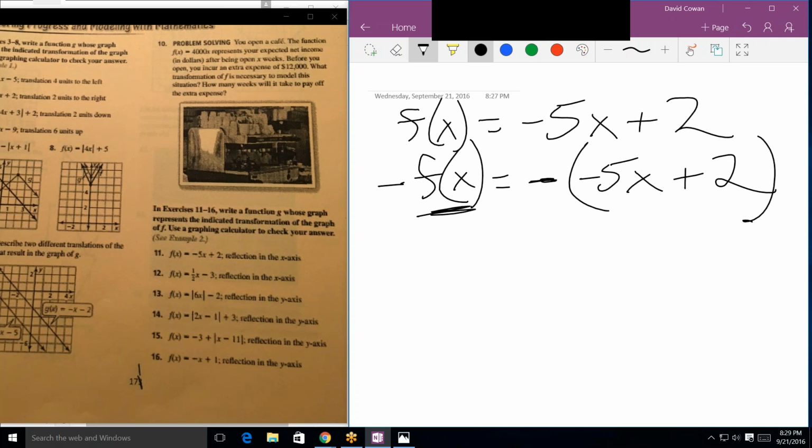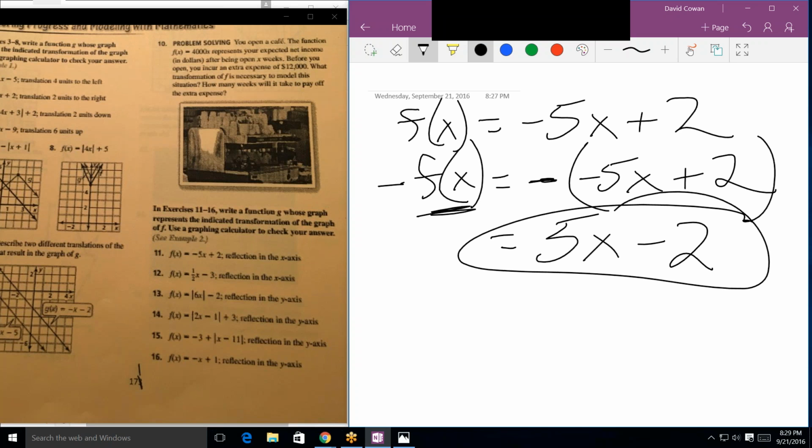So all we did was put a negative sign in front of the function. Now simplify, what do you get? We would get 5x minus 2. Correct. And that's the answer. So this represents a reflection over the x-axis.